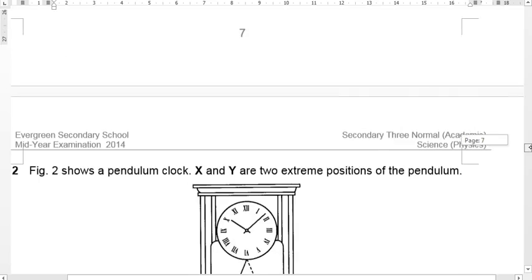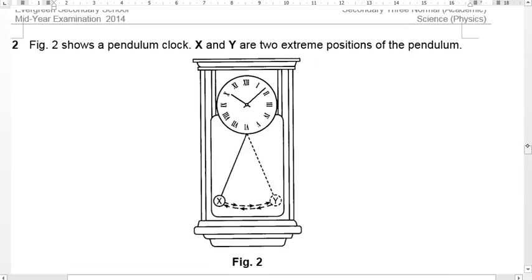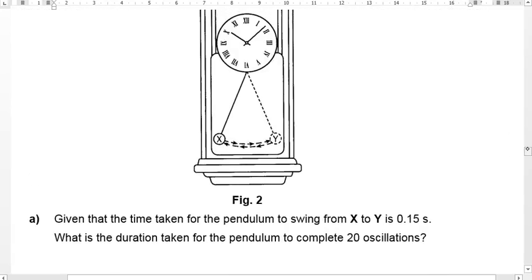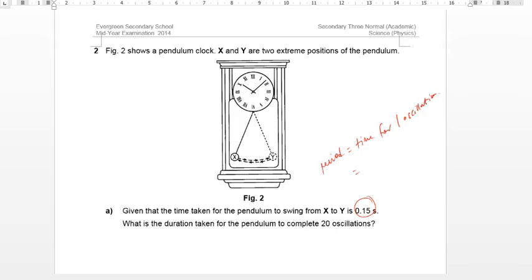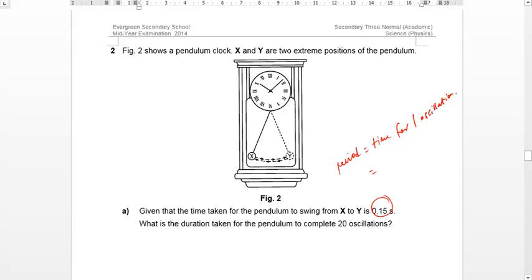Next, pendulum clock from X to Y, 0.15 seconds. What is the period? What is the time for one oscillation?